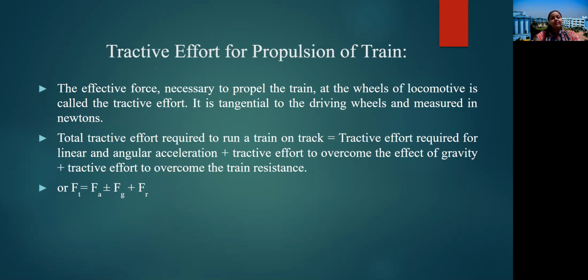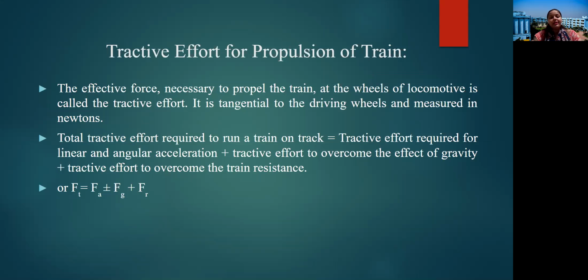Now total effective force to run a train on track can be equal to the sum of tractive effort required for linear and angular acceleration, tractive effort to overcome the effect of gravity, and tractive effort to overcome the train resistance. So these three are being represented by FA, FG and FR respectively, and total tractive effort is being represented by FT.